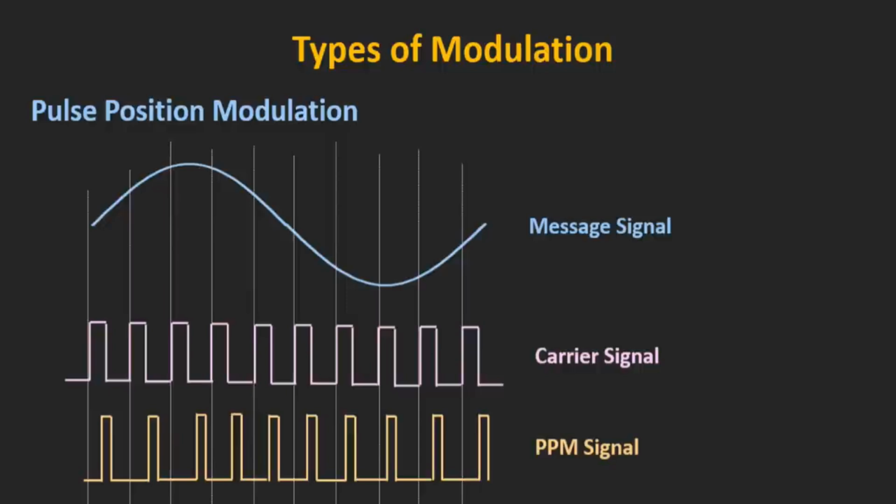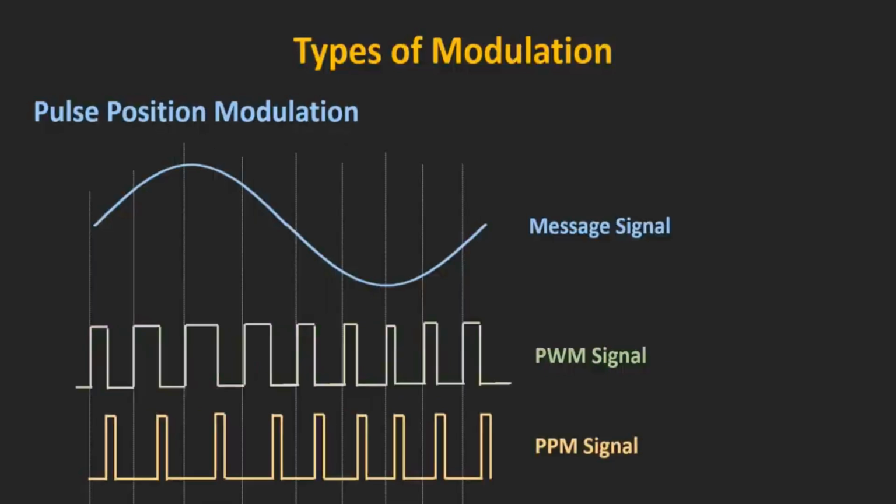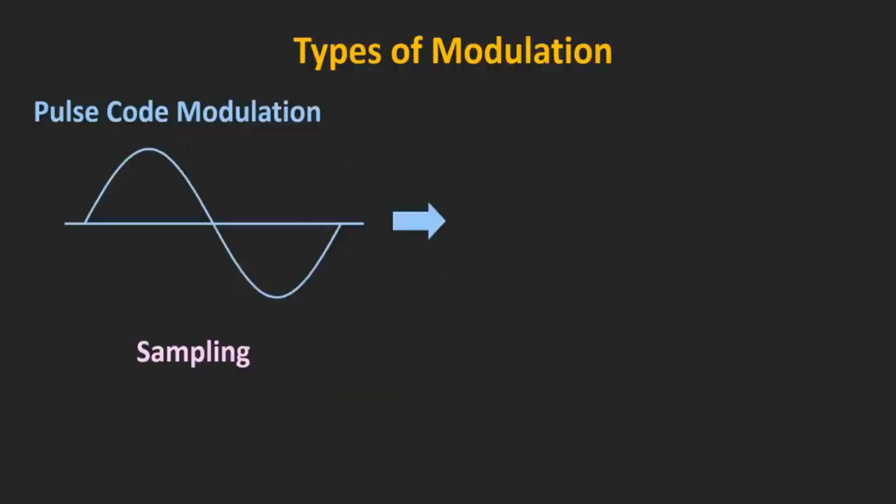That means if the amplitude of the input signal increases, then the modulated pulse moves further away from the reference position. In fact, it can be generated with the help of the PWM signal, by generating a pulse at every falling edge of the PWM signal. Alright, now let's move to the next modulation scheme.